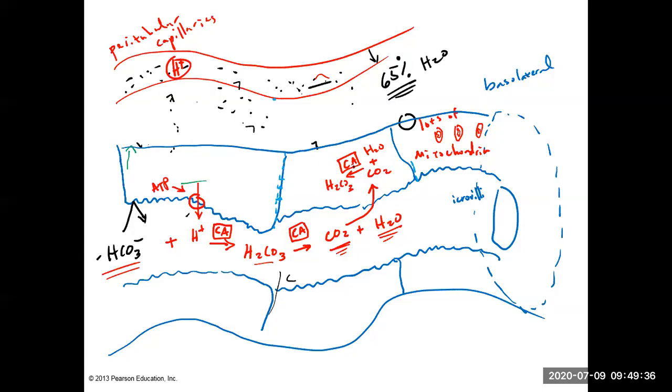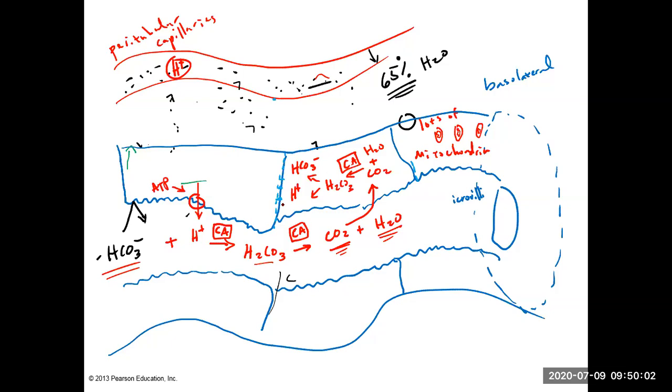You have carbonic anhydrase. Readily, you could make the carbonic acid, and now the carbonic acid is going to give you hydrogen ion plus HCO3. So the only difference is these reactions are going backwards, all right?